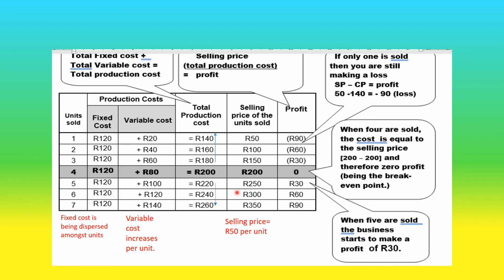When we're making few units, we are still making a loss, but then as we increase our number of units to be produced and sold, we end up with the break even. And then when we decide to make even more units, right, we end up making a profit. So the moral of the story is that the more units you produce, the fixed cost per unit will decrease, which will result in us making more profit.